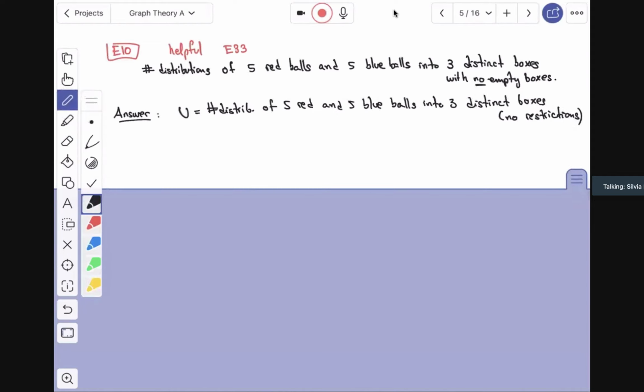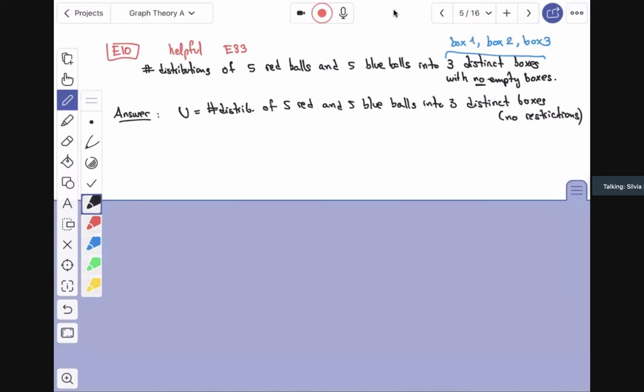And then what I want to avoid is having empty boxes. I have 3 distinct boxes, so I can label them box 1, box 2, and box 3. They're different, right? So what I want to avoid is having empty boxes.